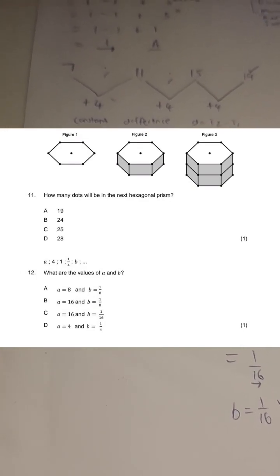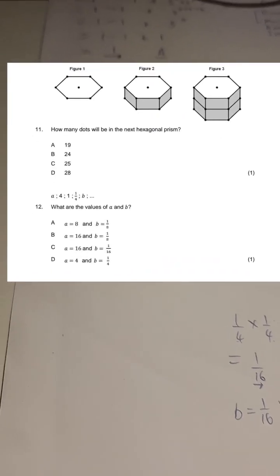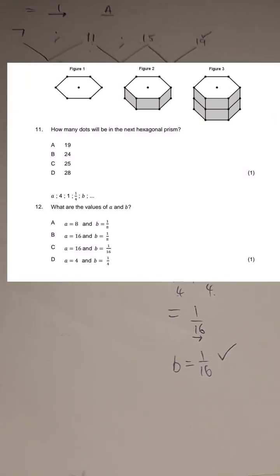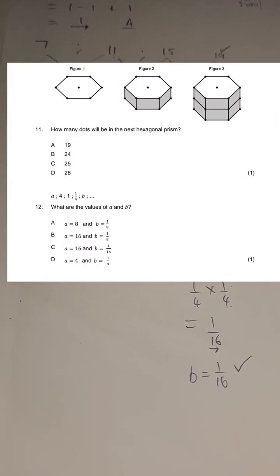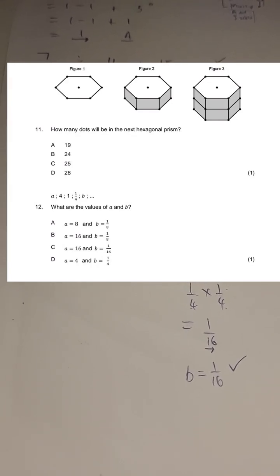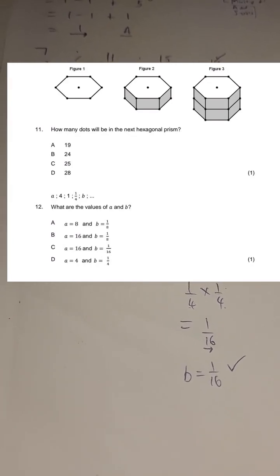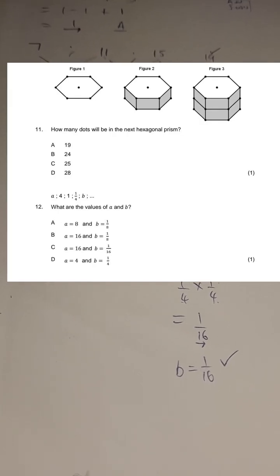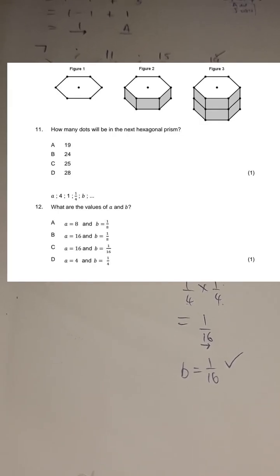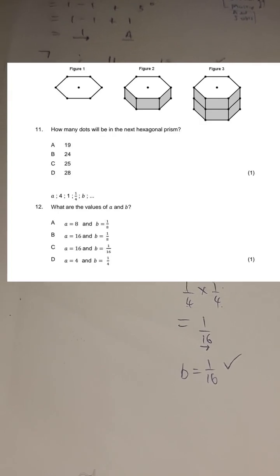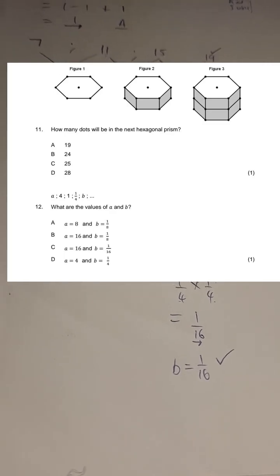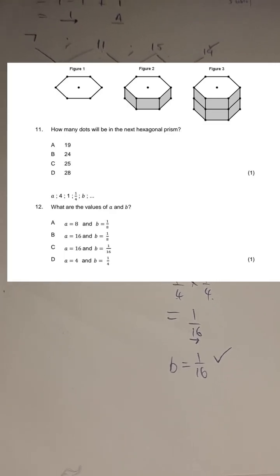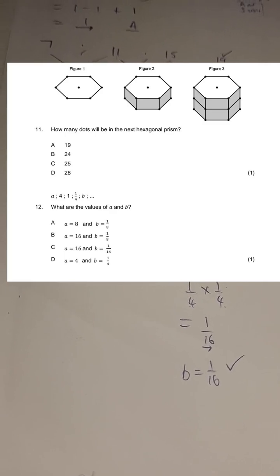Guys, if you're answering number 12, as I have pointed out to you, firstly it is important for you to know what kind of pattern you have. Then, after discovering what kind of pattern it is, if it's a linear pattern, use the constant difference to get the other values. If it is a geometric pattern, then you use the constant ratio.